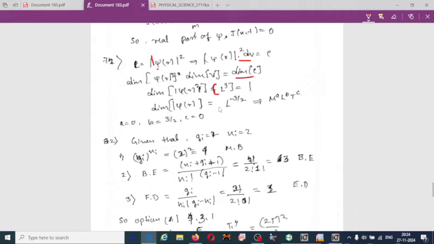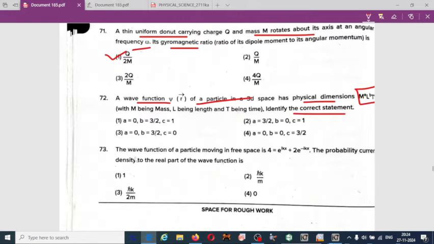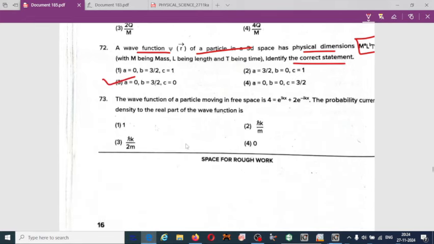Once you simplify, you will get the dimension of psi of r as L to the power minus 3 by 2. MLT they have given, so it doesn't have mass and time; only the dimension of length, 3 by 2. So option 3 is correct.